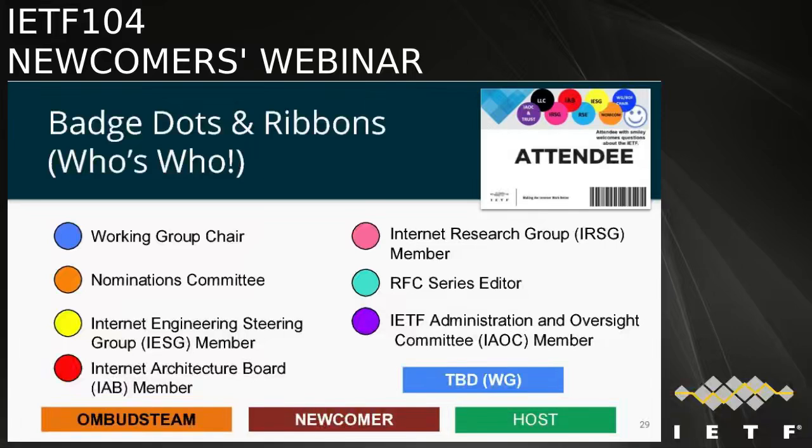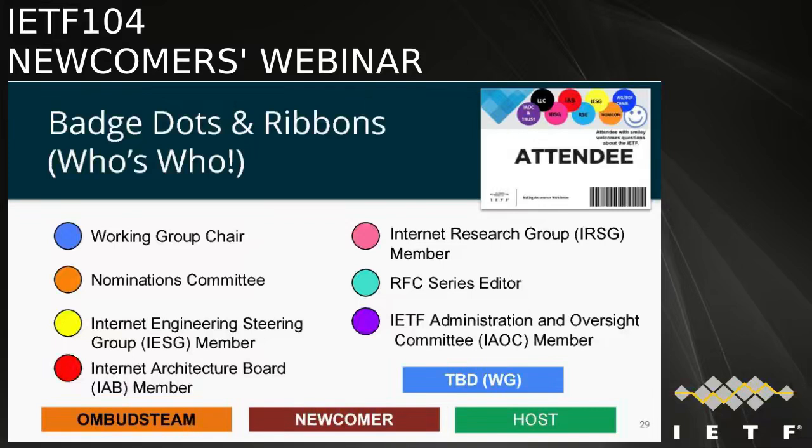The blue dot says you're a working group chair, and the name of the working group will be on it, so you can contact them. The various other ones may not matter too much. IESG and IAB are the senior technical people, and then there are research groups, and so on.